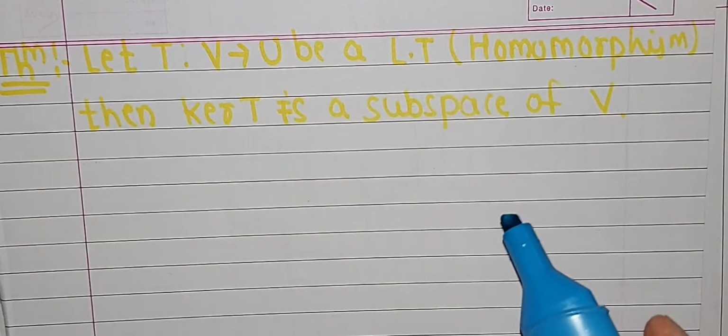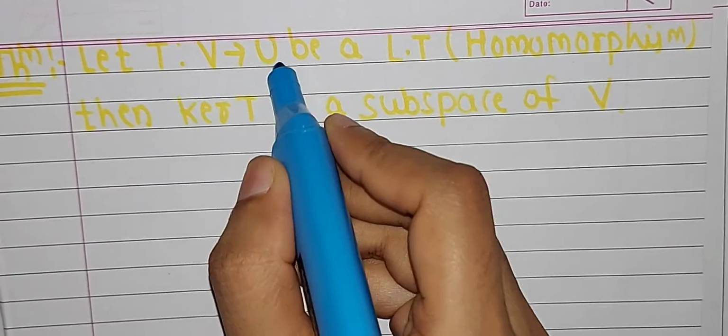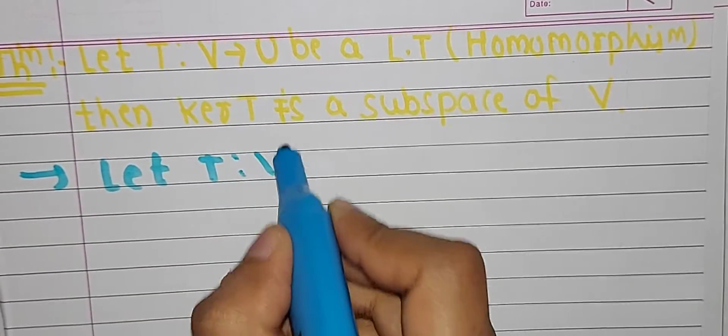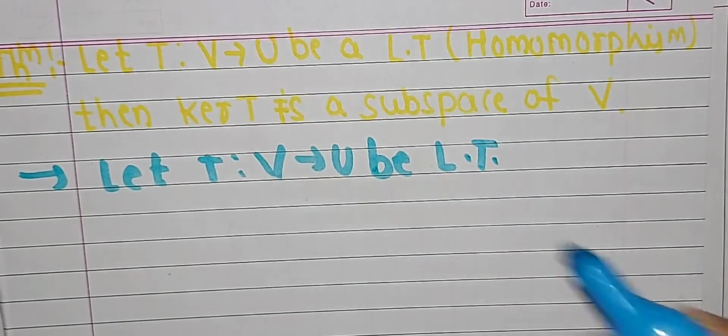To prove this theorem, firstly we have to consider the given conditions. The first given condition is: let T from V to U be a linear transformation or a homomorphism.